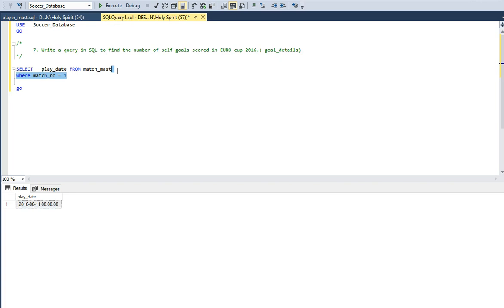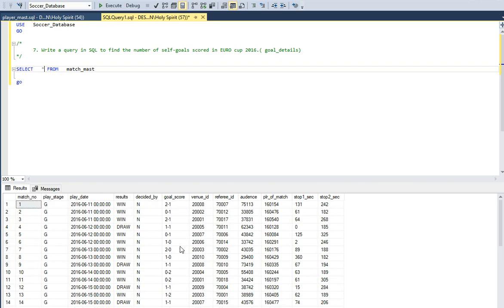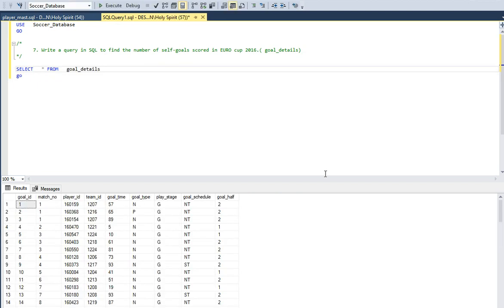Number of self goals, as we are saying. Wait a second again. Okay, here the table is a different table. Execute.